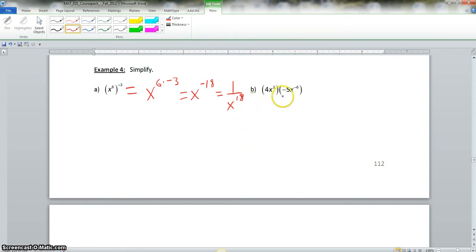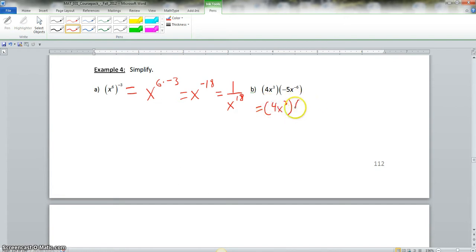Now, we look here at B. We're multiplying. So what we would do here, remember, the only thing that's taken to this negative exponent is this x. This negative 5 is not. So, why don't we complete what's inside the parentheses? So we have 4x to the 3rd.